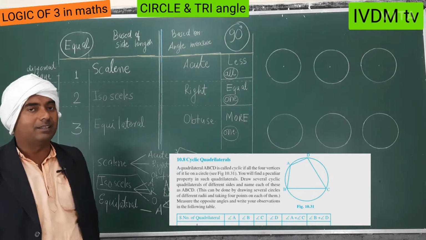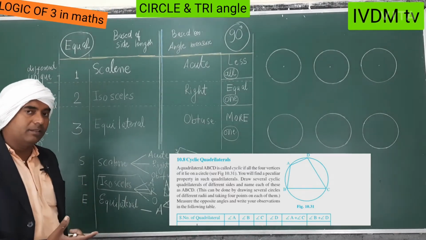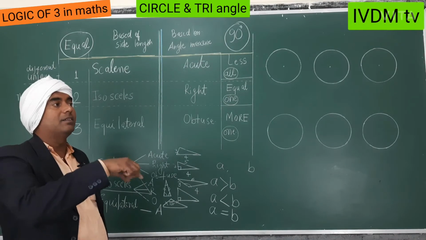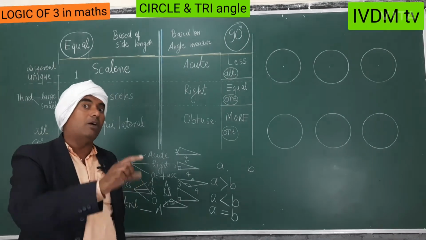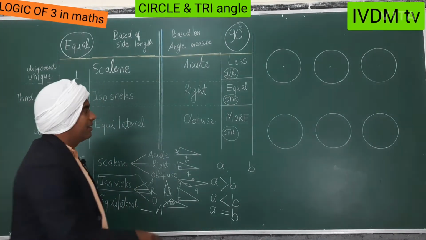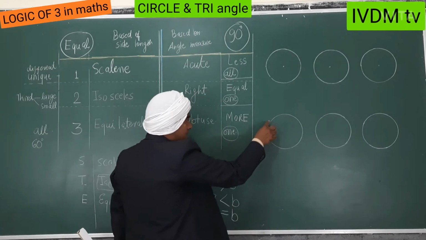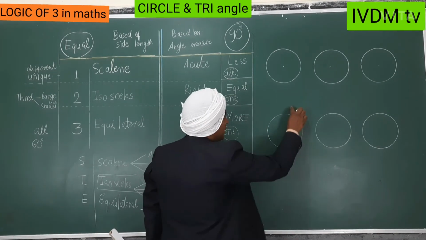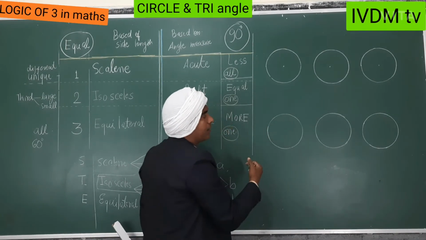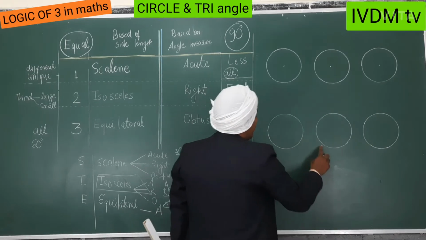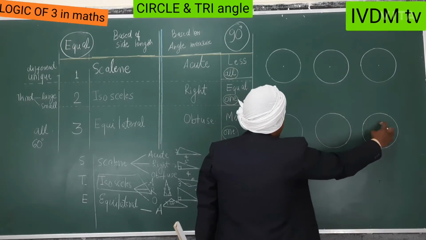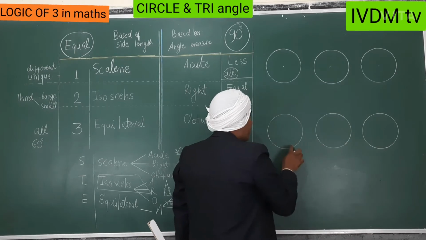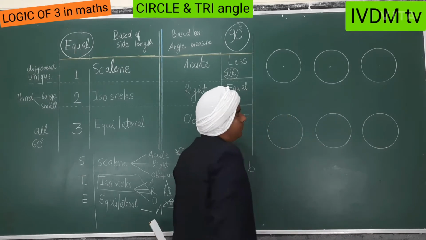But in class 10th, all the things will be outside of the circle. Can we make all types of triangles or quadrilateral outside of the circle? The answer is yes. Any type of triangle can be made outside also, and any type of triangle can be made inside also.